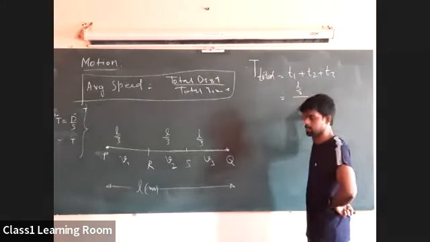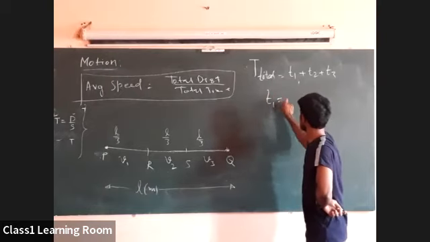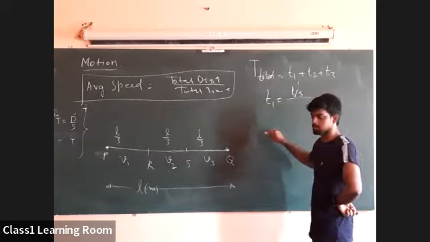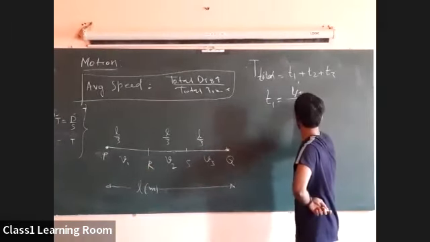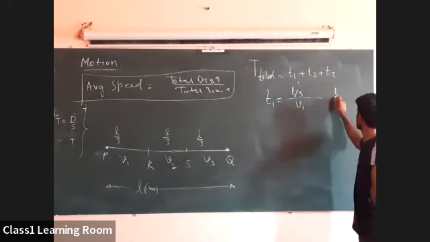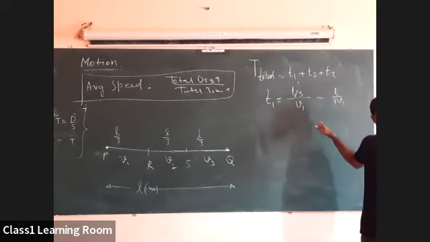I think you're getting confused. So T1 is distance, L by 3, by speed. Speed is how much? V1. So this is your T1, that is L by 3 V1. Fine, this is your T1.